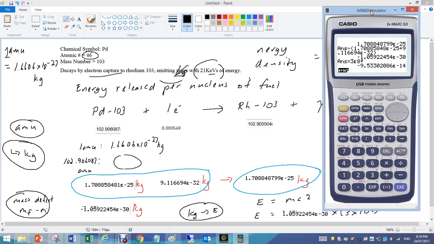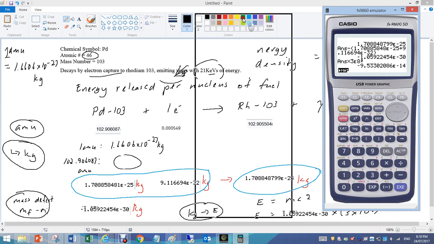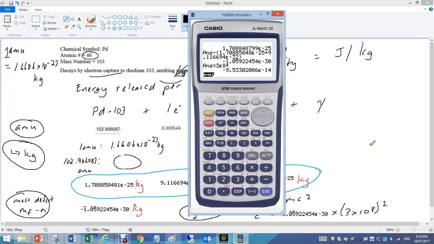So 9.5, and so we can actually just grab that.